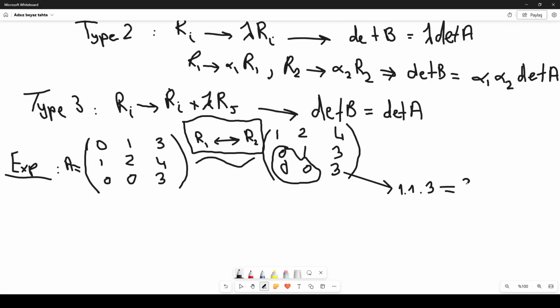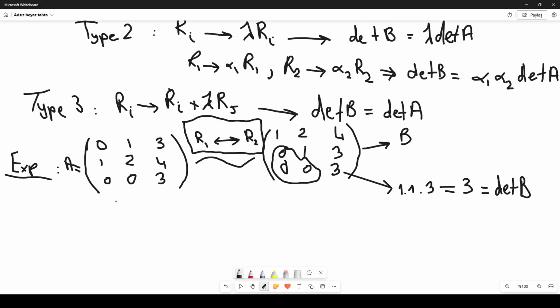Okay. But what I have found is the determinant of matrix B, our final matrix. If we call this matrix B, the determinant of B is equal to 3. However, as I said, we have one type 1 operation.